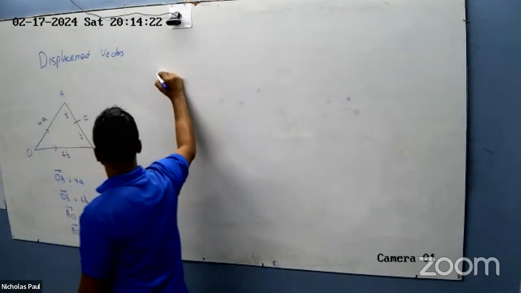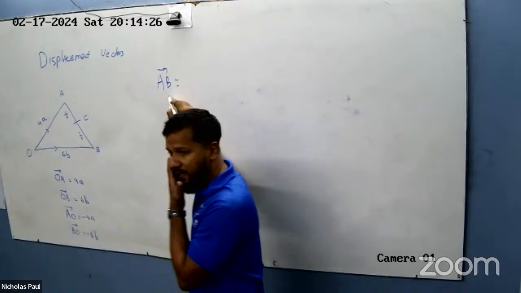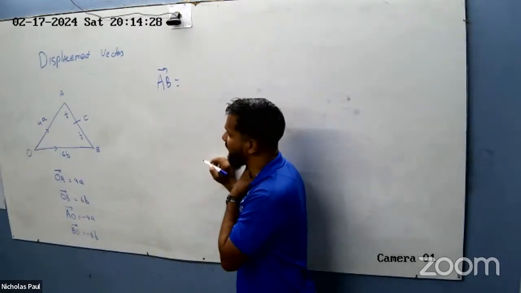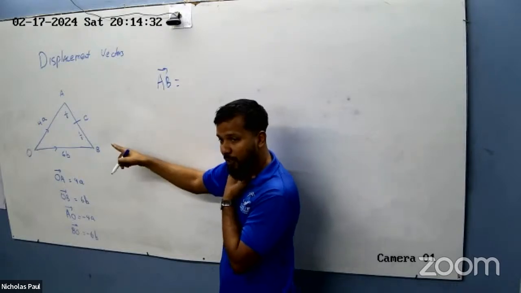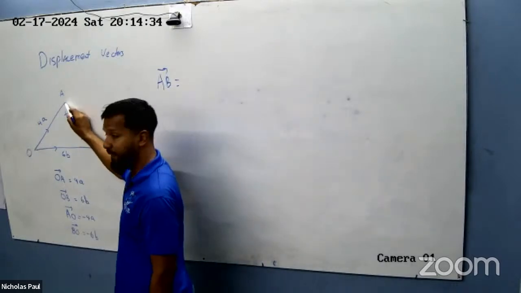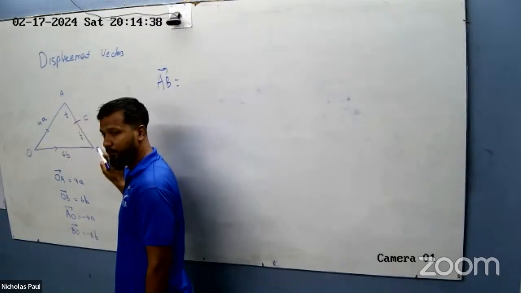Now, let's go to AB. How do we find AB? If you remember what we did last time, we found the alternate route from A to B along the triangle. So you're starting at A and you're finishing at B following the triangle.